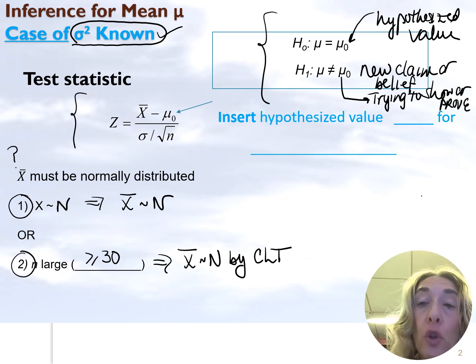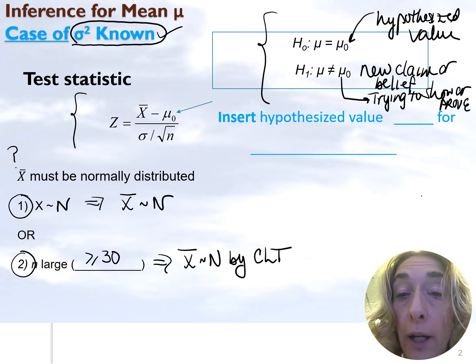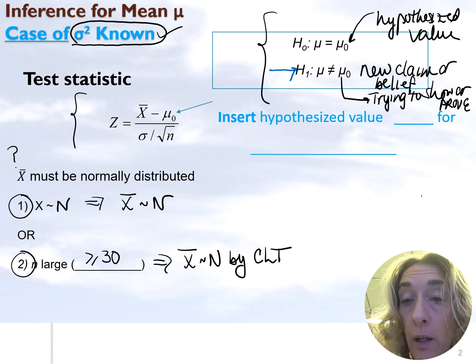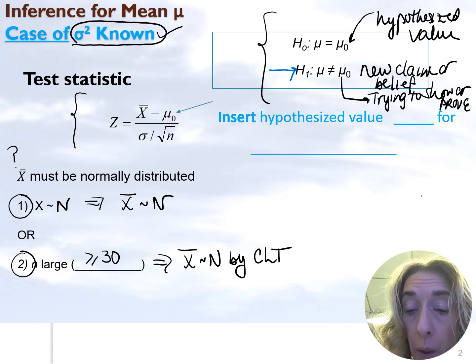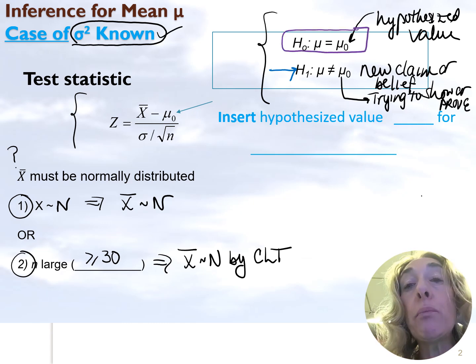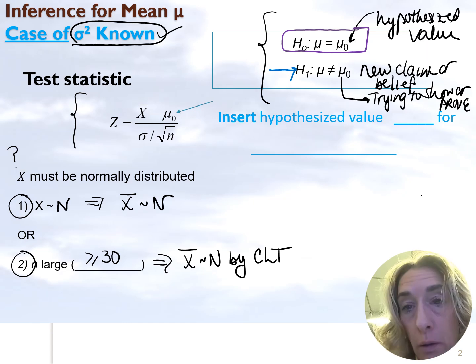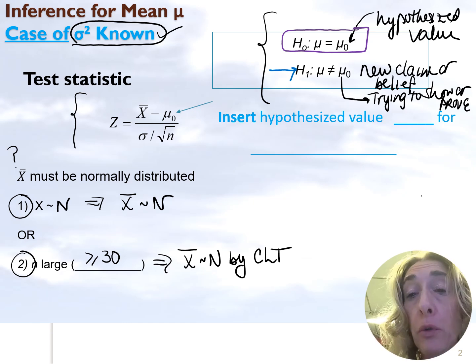You'll recall that in a proof by contradiction, which is how a hypothesis test proceeds, if you're trying to prove the alternative, that mu is not mu naught, then what you have to do is assume the opposite. So you assume the null hypothesis that mu does equal mu naught.